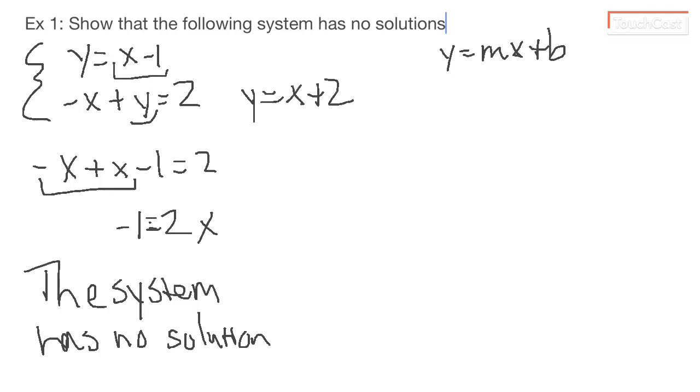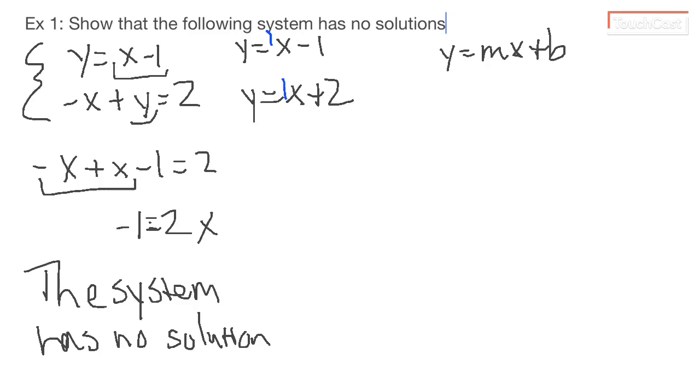And if we look at both equations, y equals x plus 2 and y equals x minus 1, the slope of each line, the number that's in front of x, is 1 for both of them, which means the two lines are parallel, which means they'll never cross. So if we graphed this system, another method, we would find that they never ever cross, and if lines never cross, then the system that represents these two lines cannot have a solution.